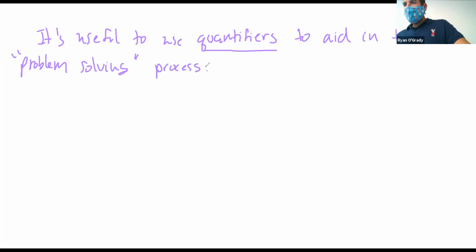So what is a quantifier? Well, a very intuitive way of thinking about this is we want to have symbols for English words that tend to come up, for example, in mathematics a lot.